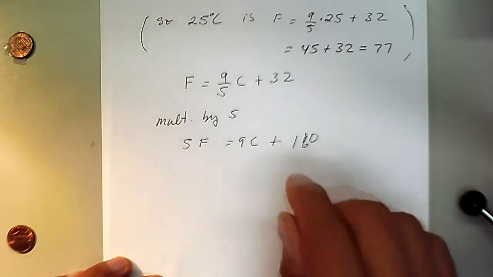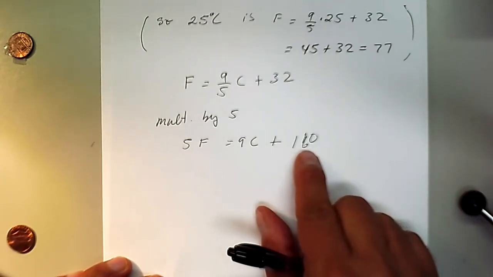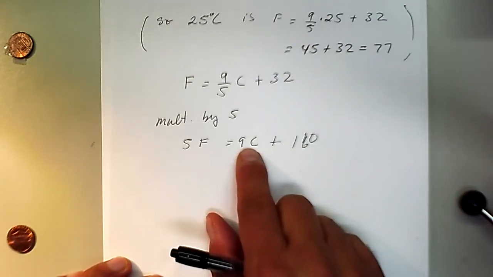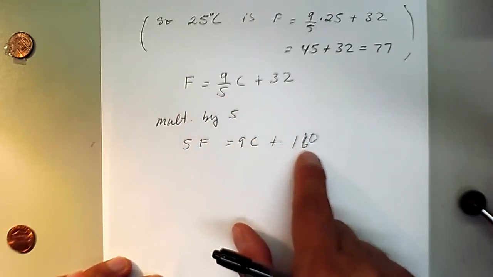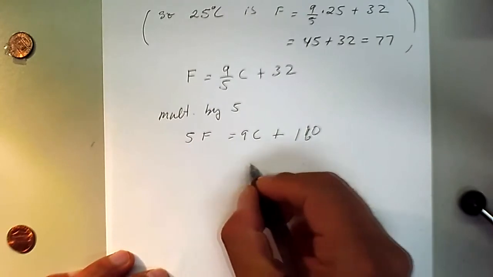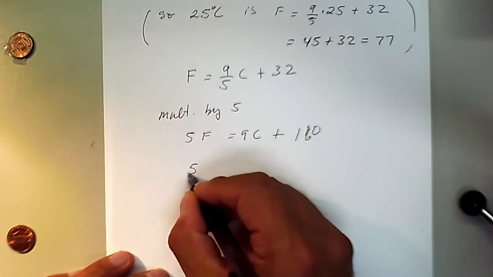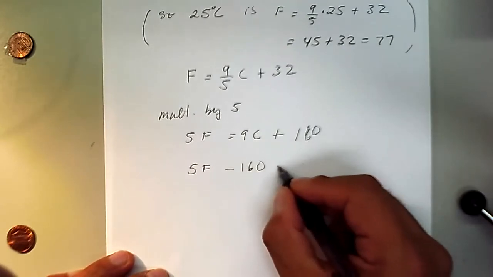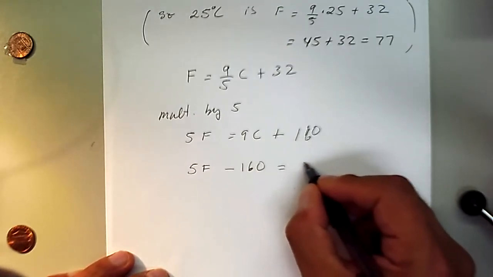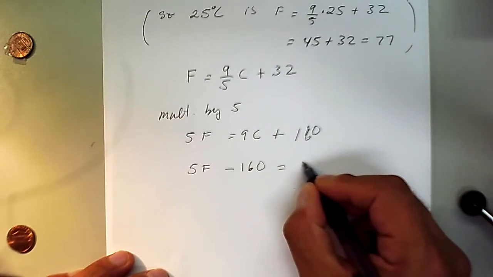So again, we want to leave this C by itself. First I get rid of the fraction. Then I'm going to move this guy to the other side of the equation. So 5F minus 160, I'm going to subtract 160 from both sides of the equation, equals 9C.